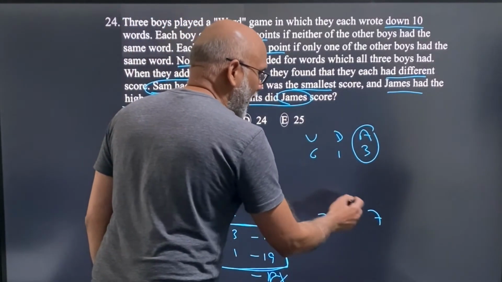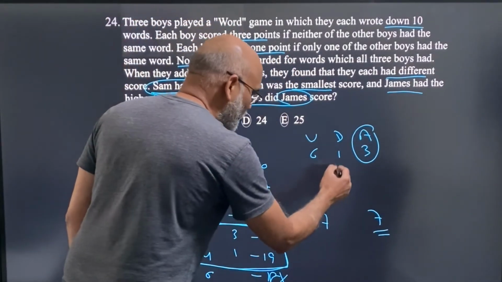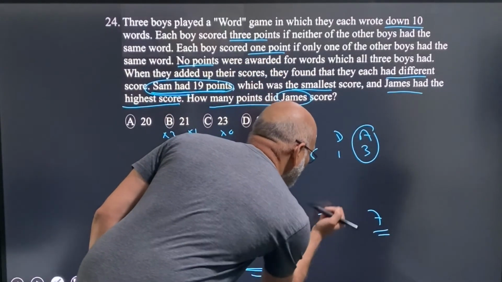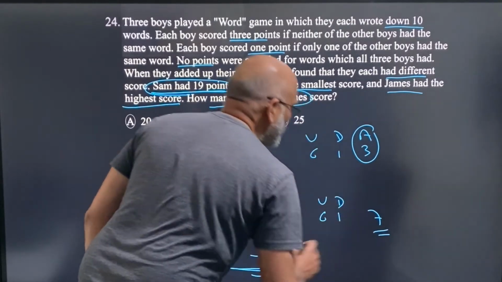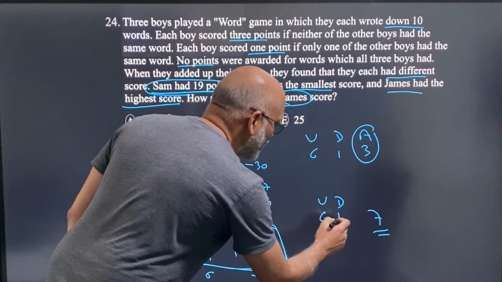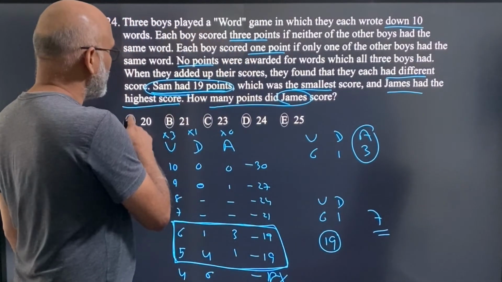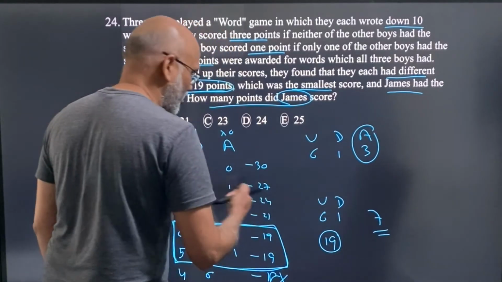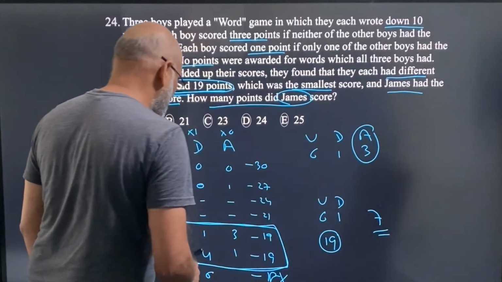Let's say this is James. I will try to maximize that. Let's say the duplicate one was with this. So in this case, it will not be 7, it will be 6 unique and 1 duplicate, right? So you get 6 times 3 is 18, plus 1 is 19 points. But this is same as Sam had, right? But they all had unique points. So this cannot be it. So 6, 1, and 3 is not going to work.